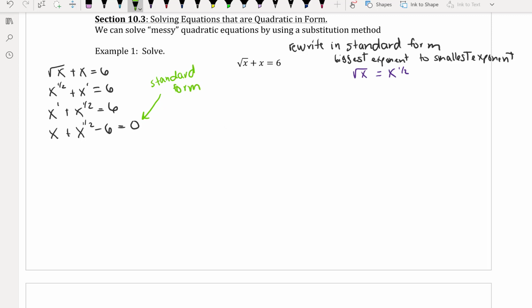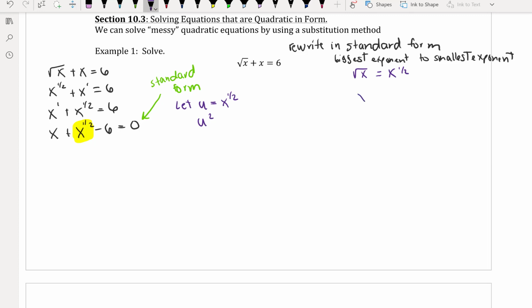Now that I have this in standard form, I'm going to do that substitution. Usually what we want to do is use the middle term as the substitution. So we are going to let u equal the middle term, which is x to the 1/2. Let's think about this for just a second.